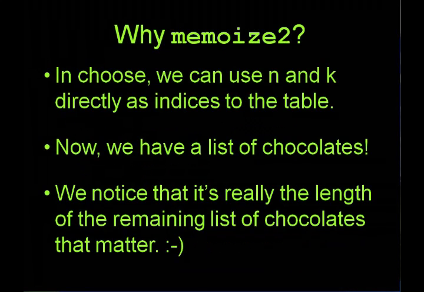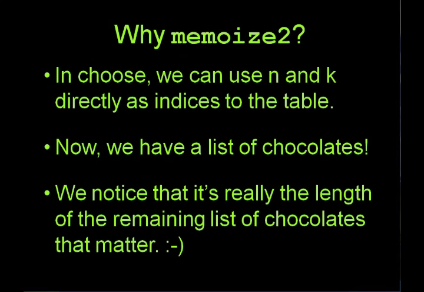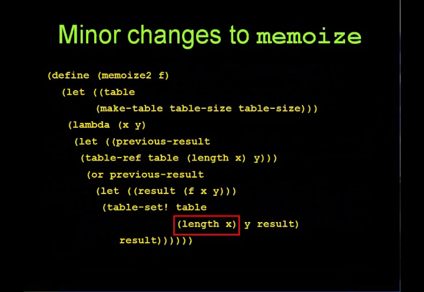Here we have chocolates, but we notice that it's not the chocolates that matter for now. You just keep track of how many chocolates you have left. So remember, it's the same as how many denominations are left, right? So here you use the length of x instead of the x.